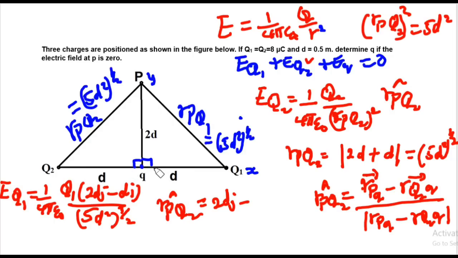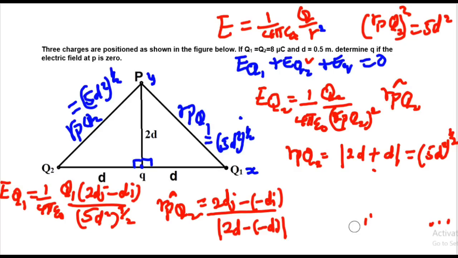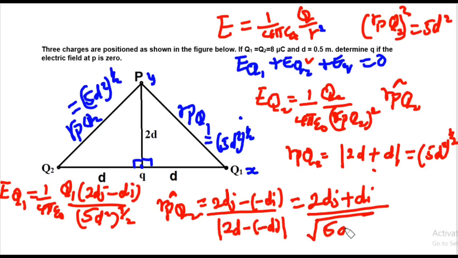Of course, we are taking this as positive x-axis, we are taking this as negative x-axis. So minus the I upon 2D, of course this will be minus minus D. So finally the unit vector in this direction will be 2DG plus DI upon square root of 5D square.